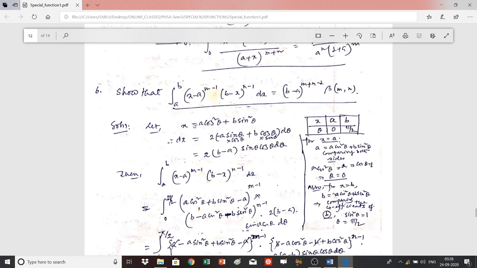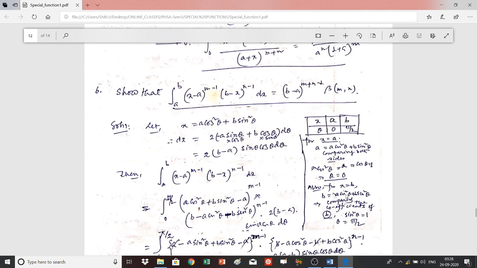So from this relation, a will be a cos square theta plus b sin square theta. That is written here, and compare both sides. The coefficient of cos square theta will give you that cos square theta is equal to 1, or theta is equal to 0.